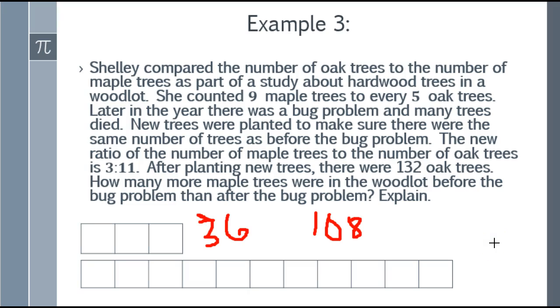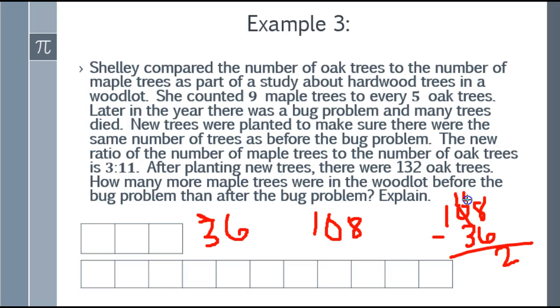So to find how many more maple trees were in the woodlot before the bug problem than after, I had 108 before and 36 after. How many more? I would just find the difference. So I'm going to subtract 36 from 108.